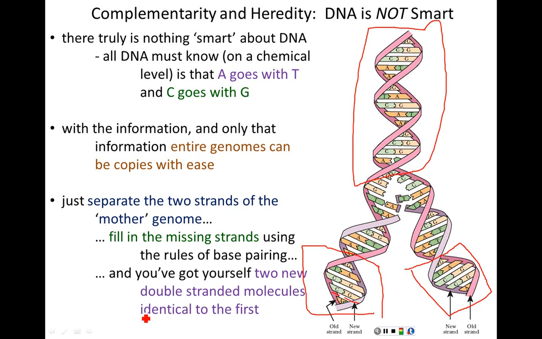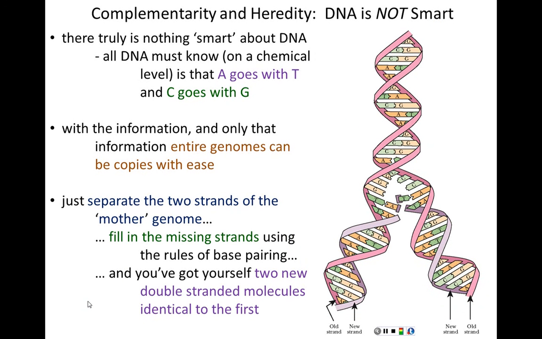So you've got yourself two new double-stranded molecules identical to the first, but they're not really new, are they? Each of those quote-unquote new molecules is actually one truly new strand and one old strand that came from the original acting as template. So we call DNA replication semi-conservative.